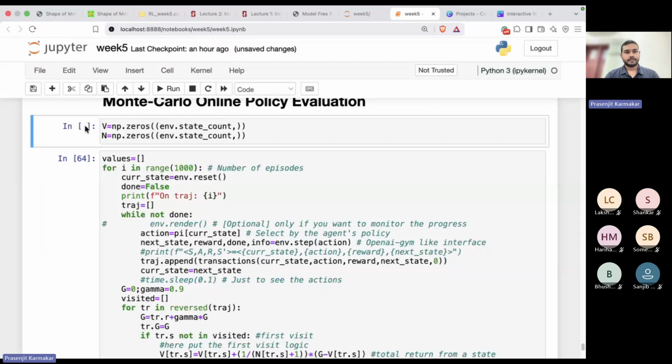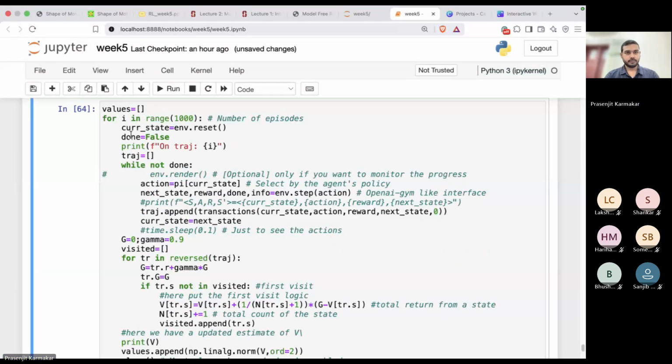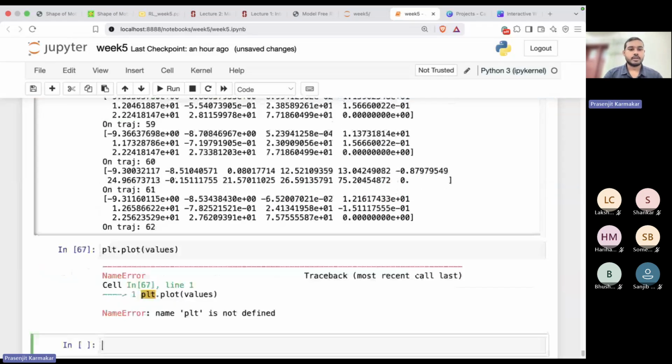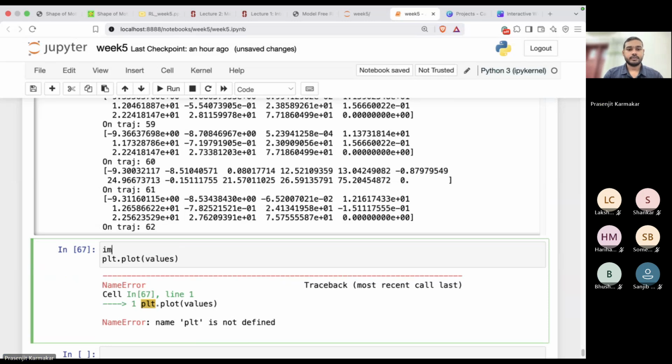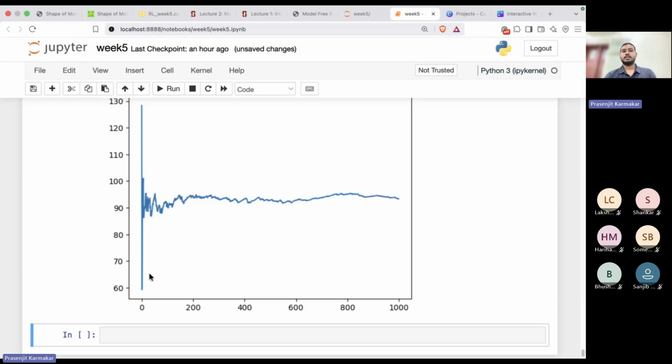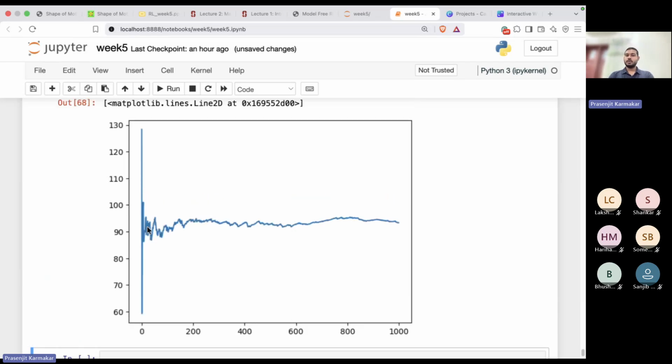we have to run this one first. Okay. Oh, PLT is not imported. Okay. And you see, this basically stabilizes, right?